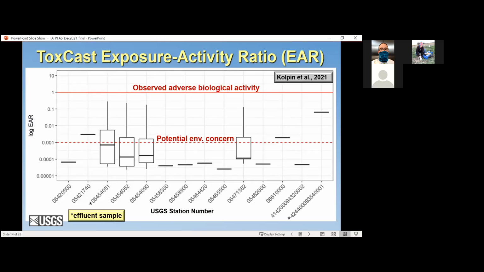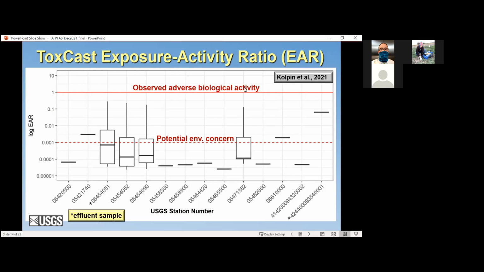Looking at ToxCast, of the 10 PFAS that we measured, 6 had available effects data in ToxCast. If you look at the EAR ratios, this is the exposure activity ratio. So really, this is basically dividing environmental concentrations by the effects concentrations, and ratios that are above 1 indicate known observed adverse biological activity.